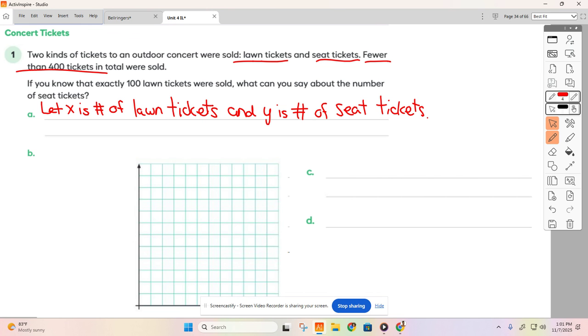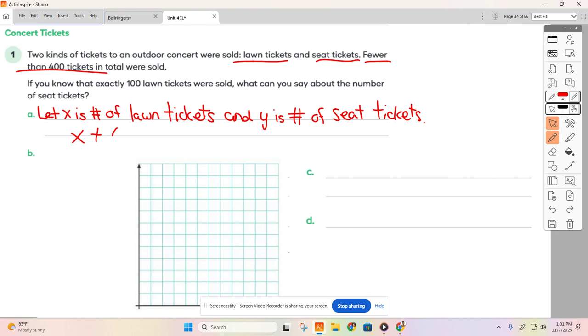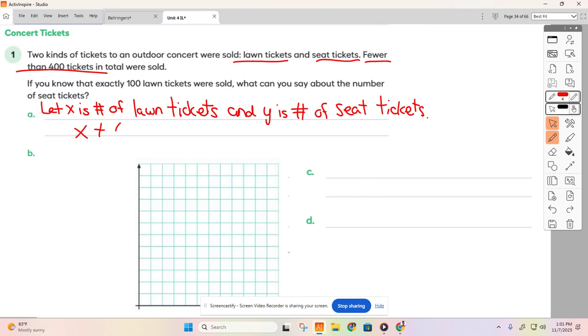Next, we have to set up our inequality. They sold lawn tickets and seat tickets, so X plus Y. And it says that this amount is fewer than 400 tickets. What symbol would go in there?